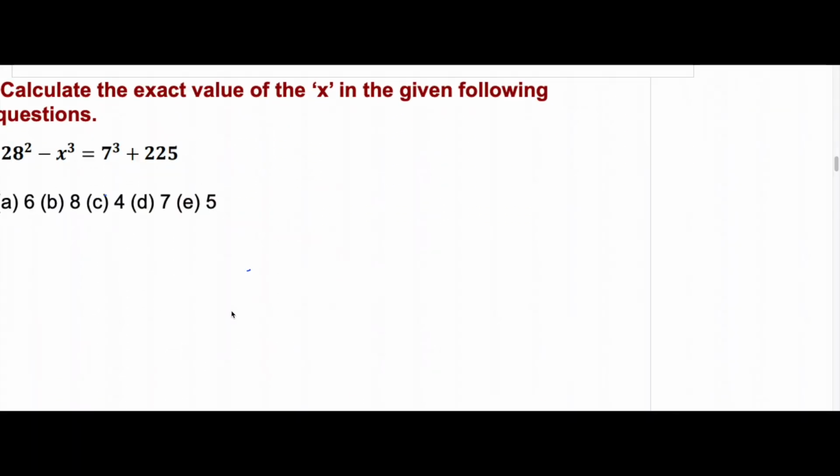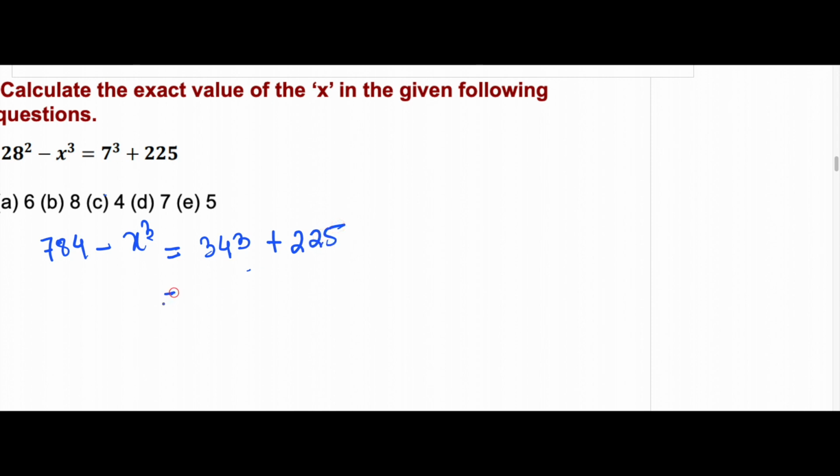Next, 28 square. 28 square is 784 minus x cube equals 7 cube. 7 cube is 343 plus 225.